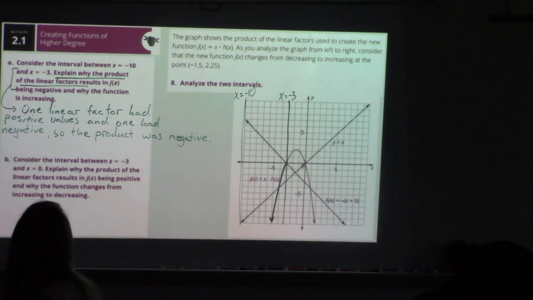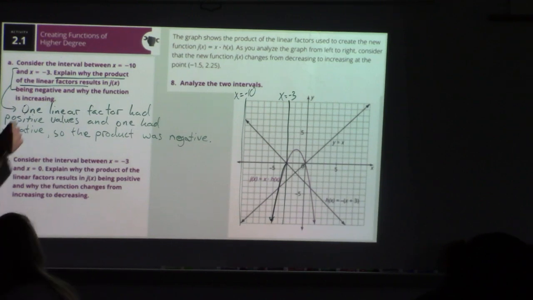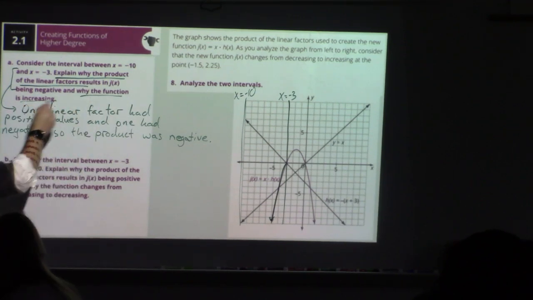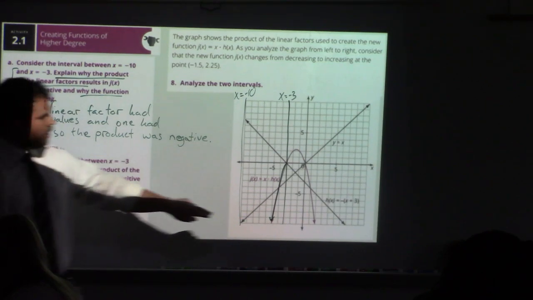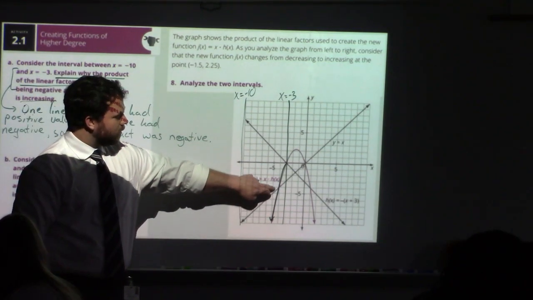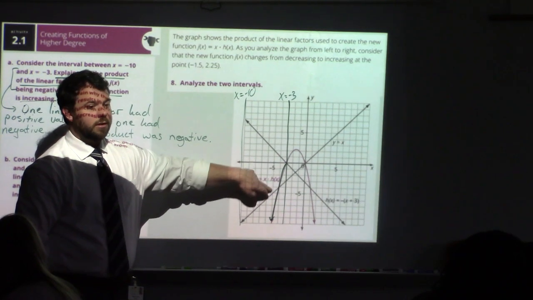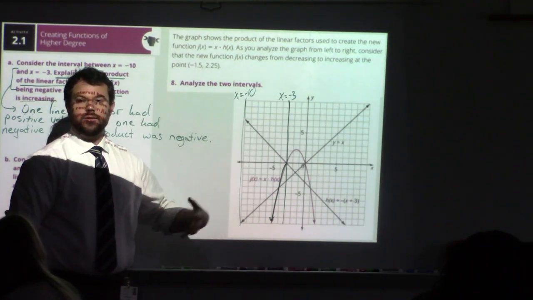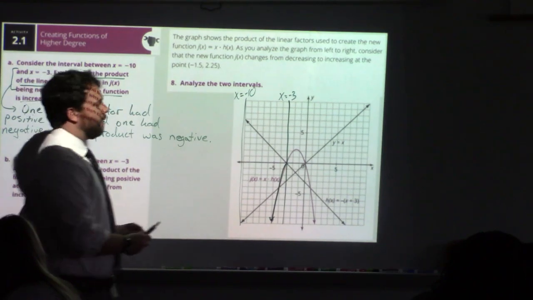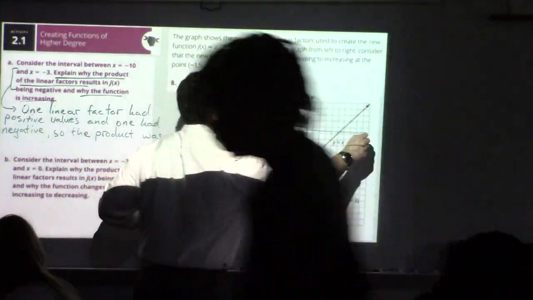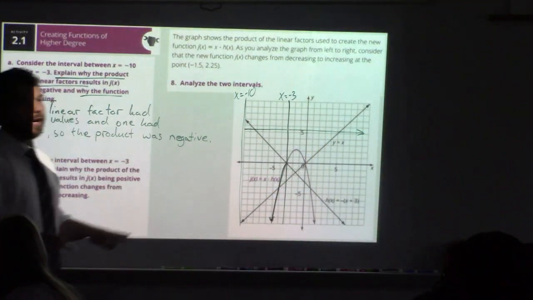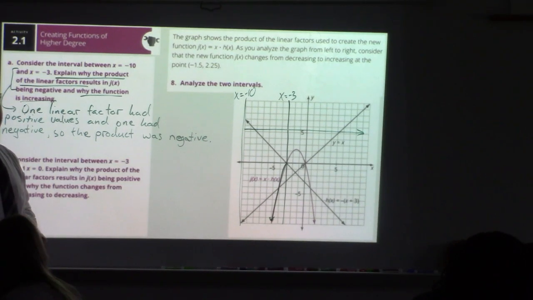We're not going to focus as much on why the function is increasing, but I will point out, how do we know that this function is increasing here? Because it's going up, right? Remember, when we're talking about increasing, we always read a graph from left to right. So the x values are always what?